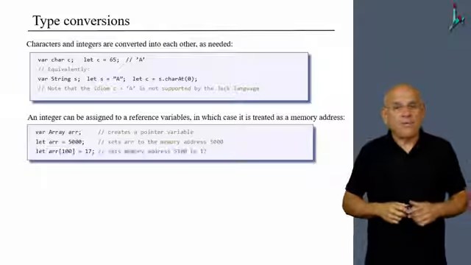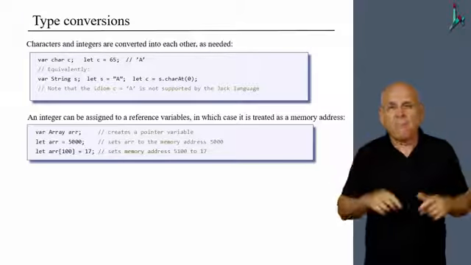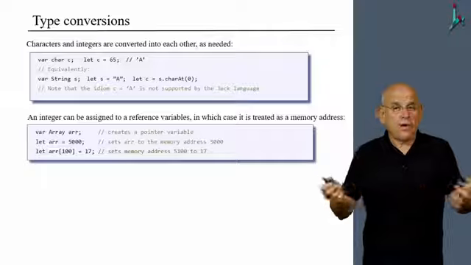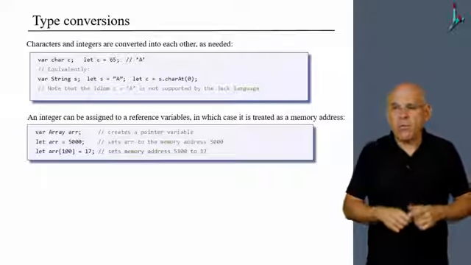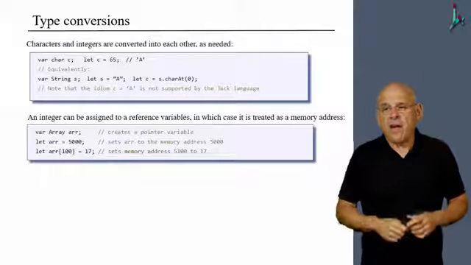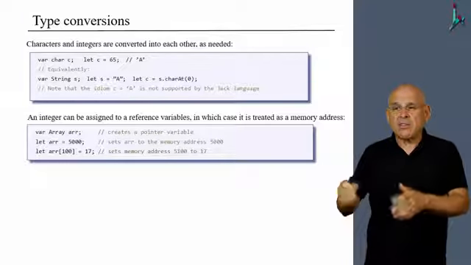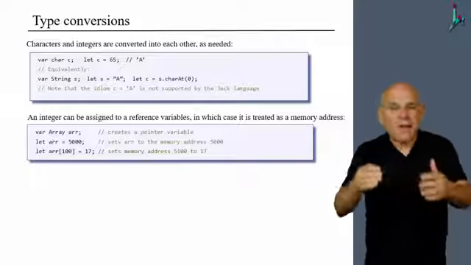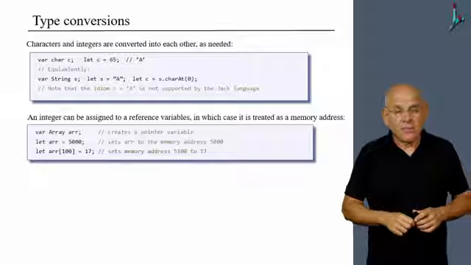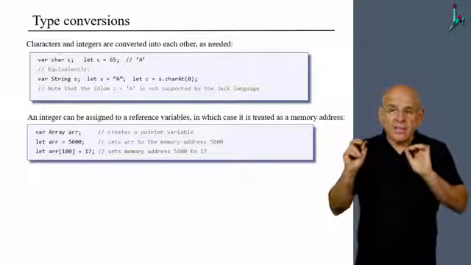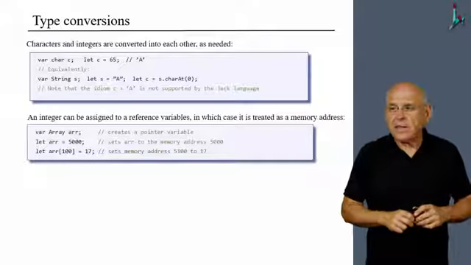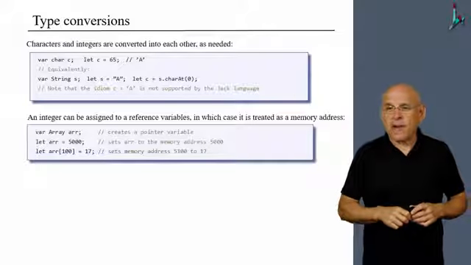So from now on, if you say arr[100] equals 17, the compiler will generate code that will cause the RAM at location 5100, which is 5000 plus 100, to become 17. As you see, this kind of casting is quite exotic and wild.